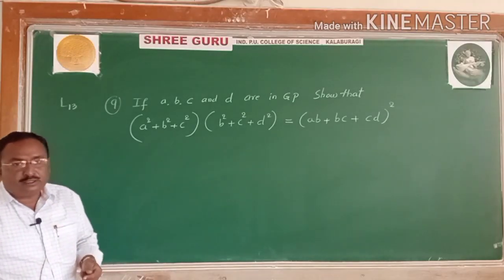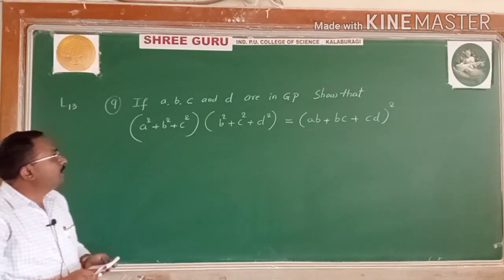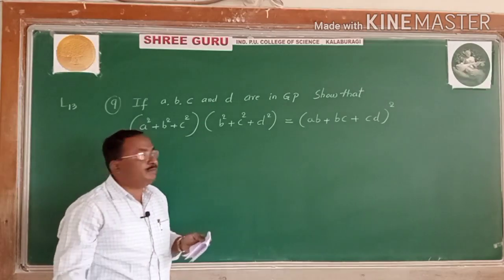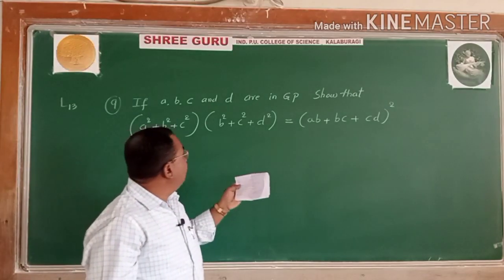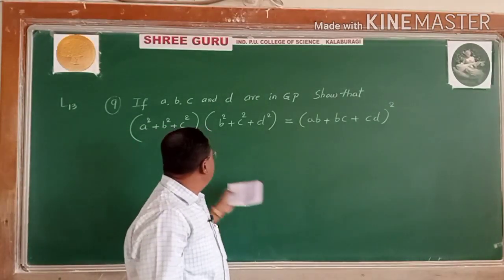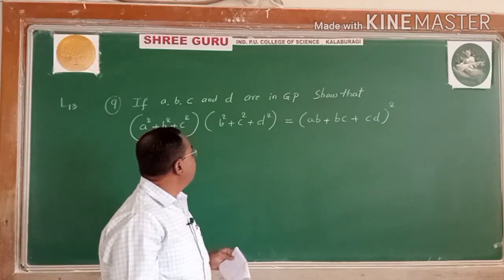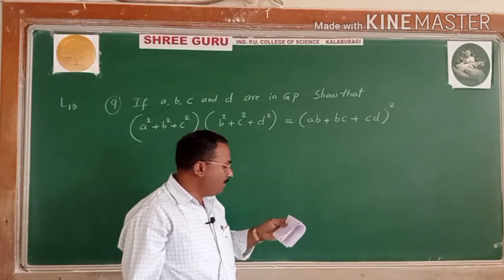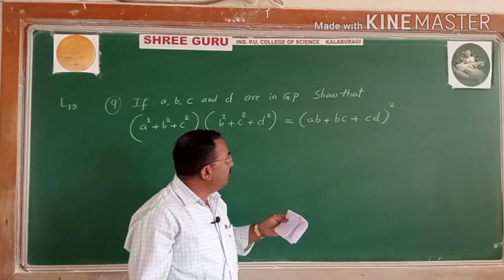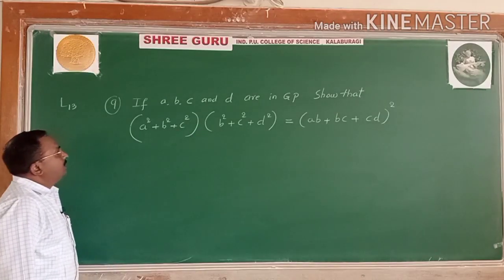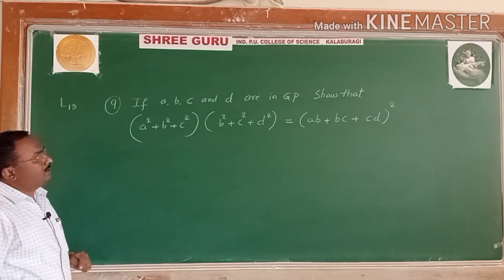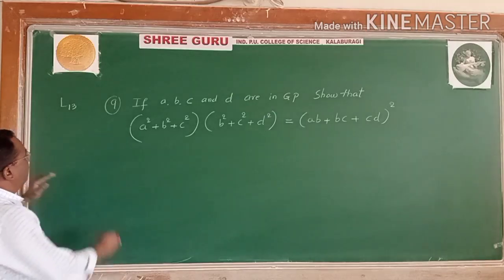That is, here a, b, c and d are in the form of GP. Show that a square plus b square plus c square into b square plus c square plus d square is equal to ab plus bc plus cd whole square. That is the solution.